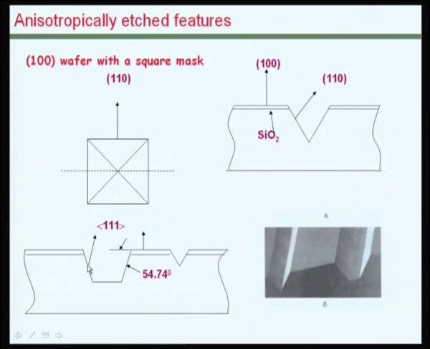And this process would continue, and the next 111 atom would be slightly displaced, and this atom also would be strongly bonded to the atoms beneath that.